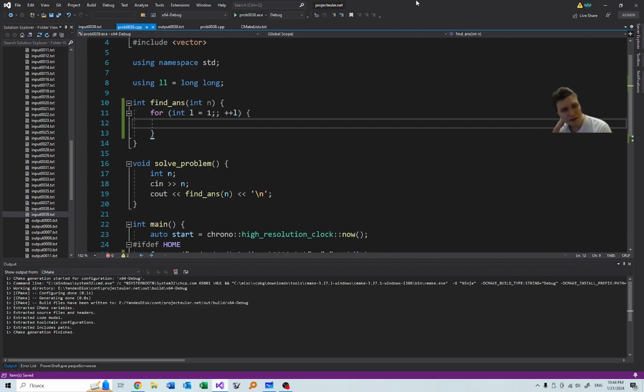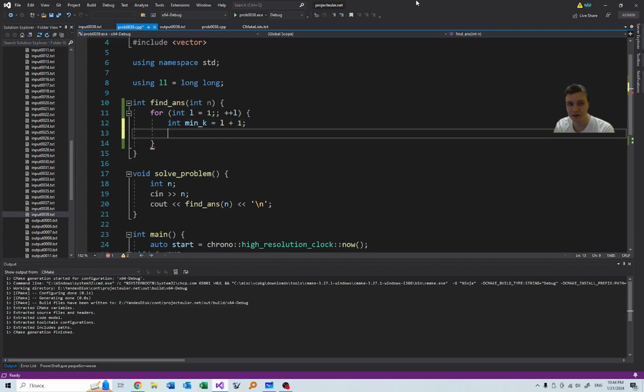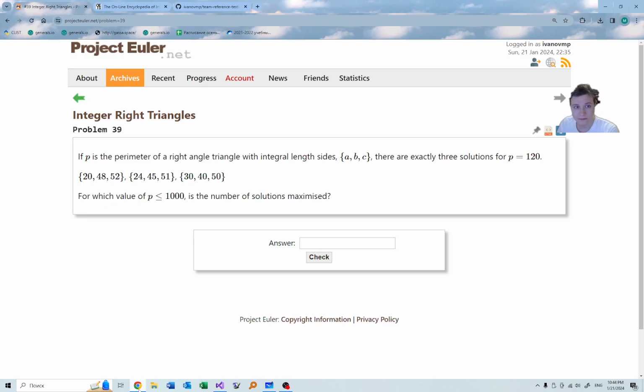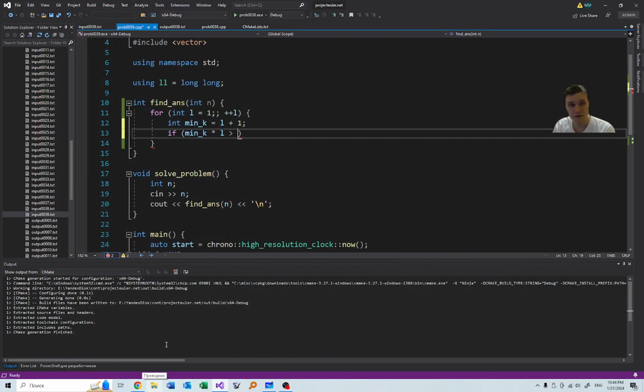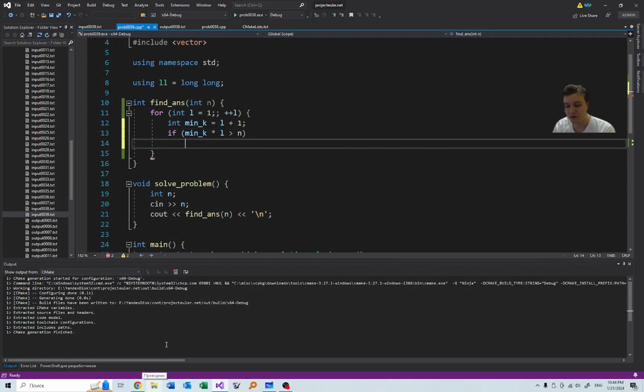An interesting part is that the minimum K is simply L plus 1. So if the minimum K times L is already greater than N, then we need to stop. So we need to break.